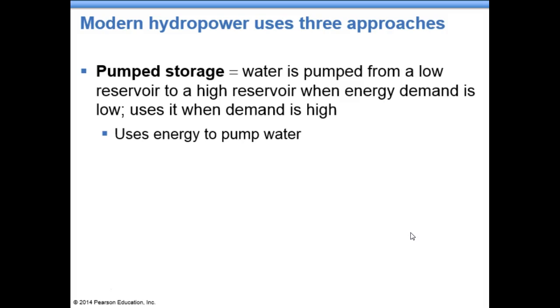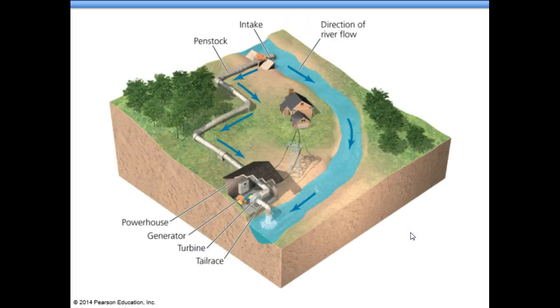Although energy must be input to pump the water, pump storage can be profitable when it's paired with intermittent sources such as solar and wind power, it can help balance the region's water and power supply.